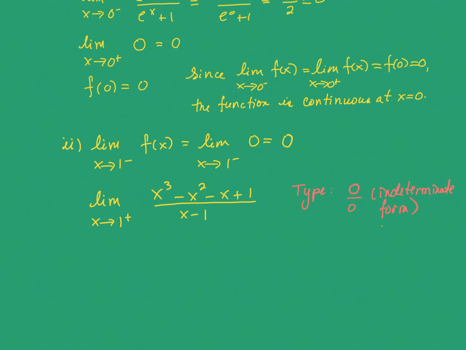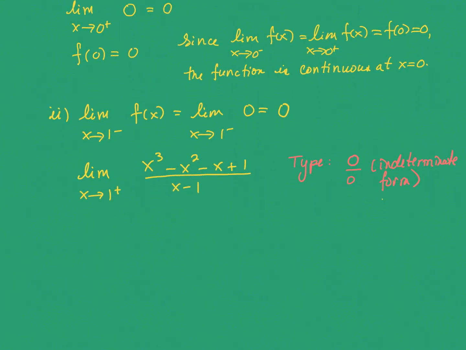So one thing you could do, you know that x equals 1 is a root of x cubed minus x squared minus x plus 1, because when you plug it in, you get 0. So that tells you that x minus 1 is a factor. So you could do long division or synthetic division. But what I'm going to do with this one, I'm going to just do a little factoring by grouping.